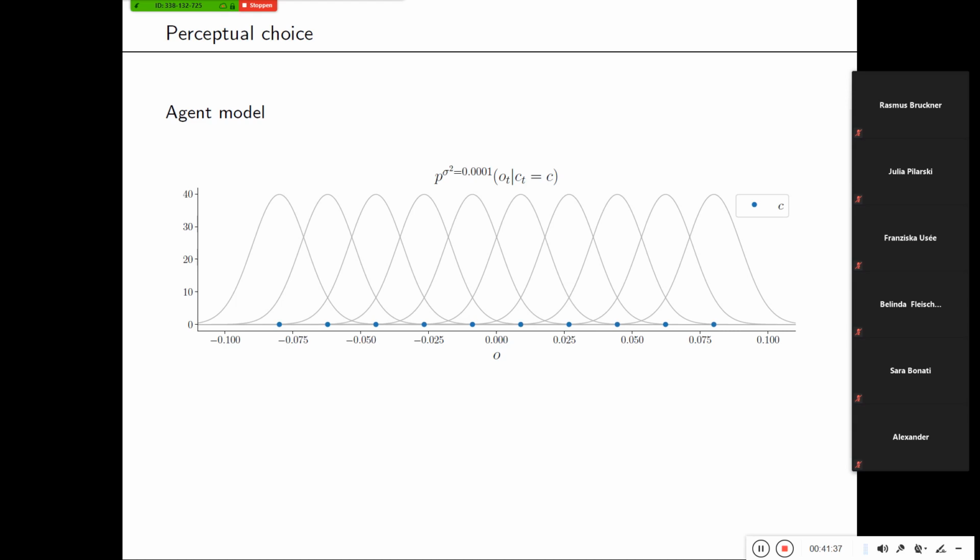If you simulate this, the way it works is that you sample the observation, which is what the agent looks at in its primary visual cortex. But of course, you need to know where to sample that from. It is sampled here from a Gaussian distribution that is centered on a given contrast difference level.